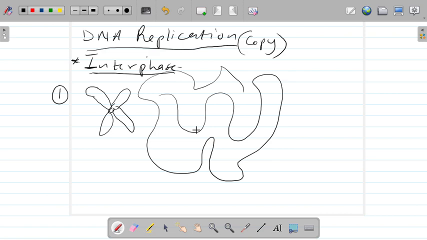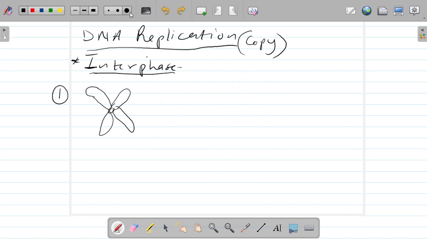Now, what do they need to do? They need to start unwinding even further. So the first thing it does is to unwind. Basically, that's the first thing that it does.